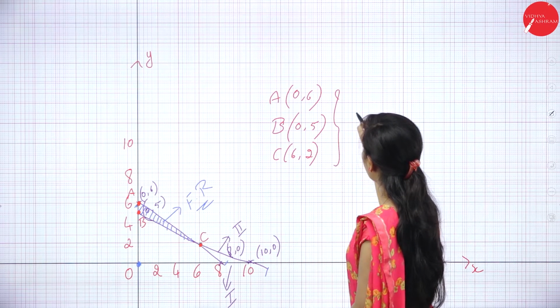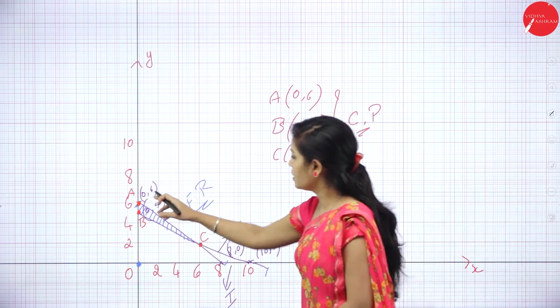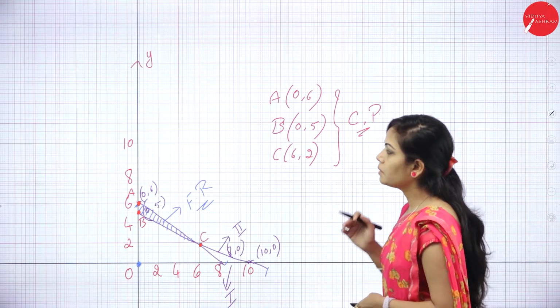So this is our corner points. I got three corner points A, B and C. Now you can find the minimum value.